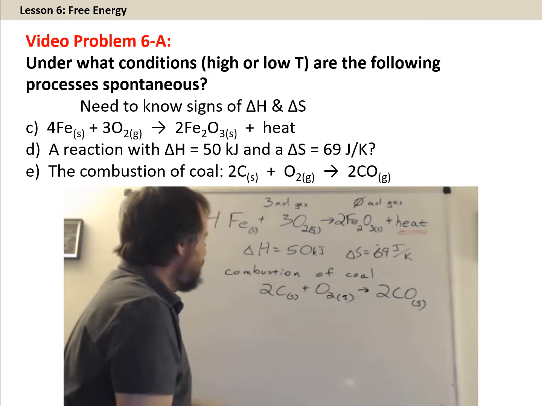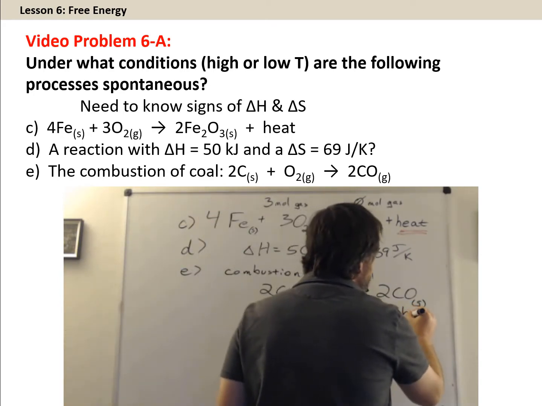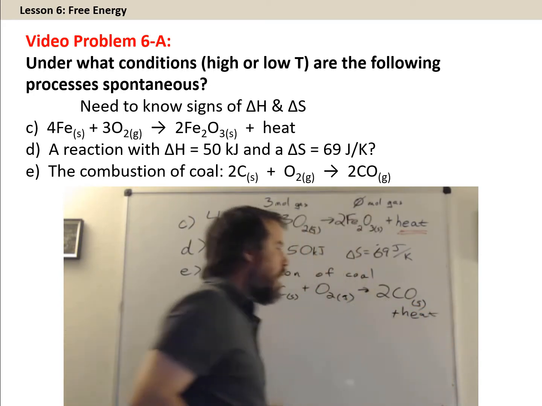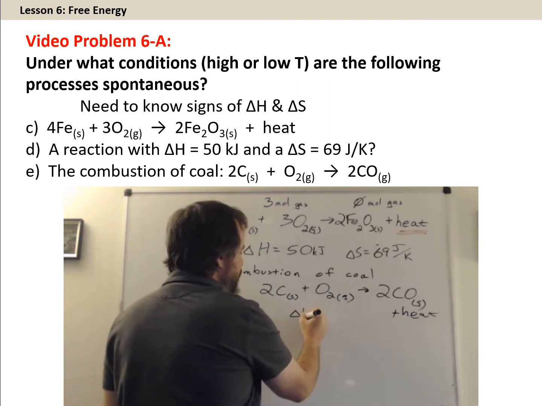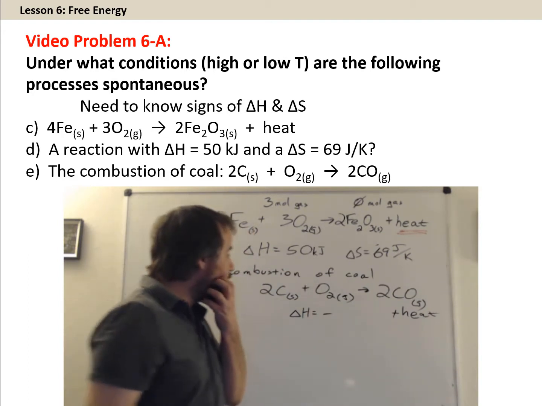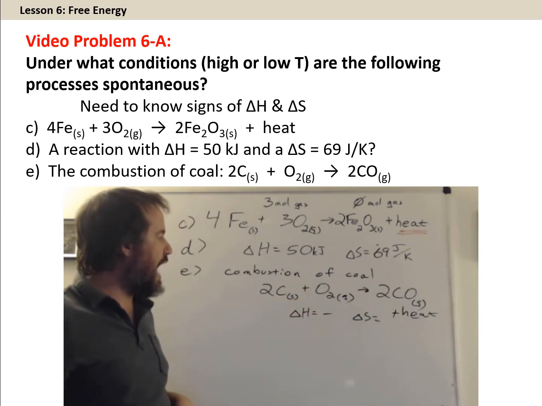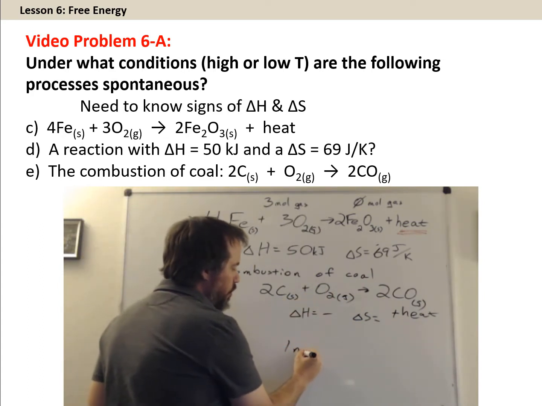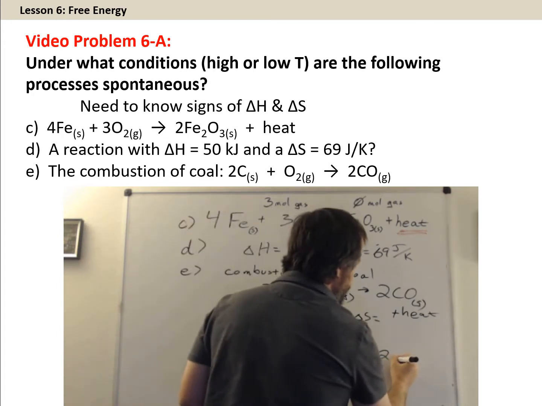Well, it's combustion. Why do we burn things? To produce heat. So if we're producing heat, that means delta H is going to be negative. How about delta S? For delta S, we look at the moles of gas. We have 1 mole gas on the reactant side, 2 moles gas here.